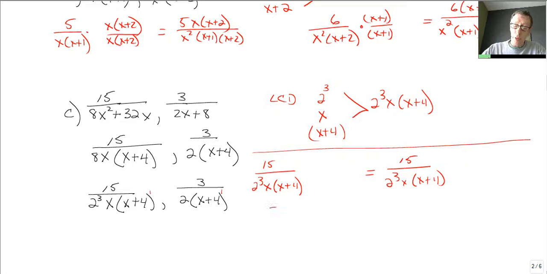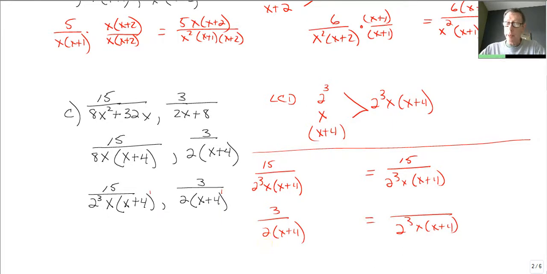Let's move to the second term. It needs to become a new fraction with a denominator of 2 cubed x times x plus 4. So let's see what it needs to be multiplied by to get that. I have a 2 and I need a 2 cubed, so I'm going to have to multiply by 2 squared. Then I have an x plus 4.